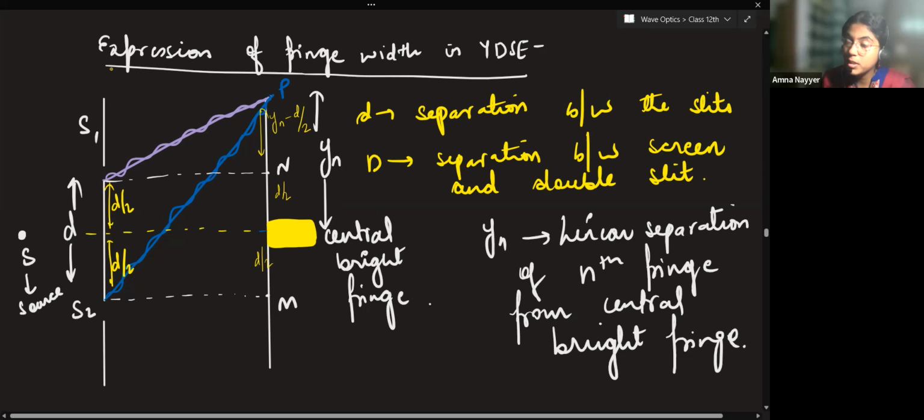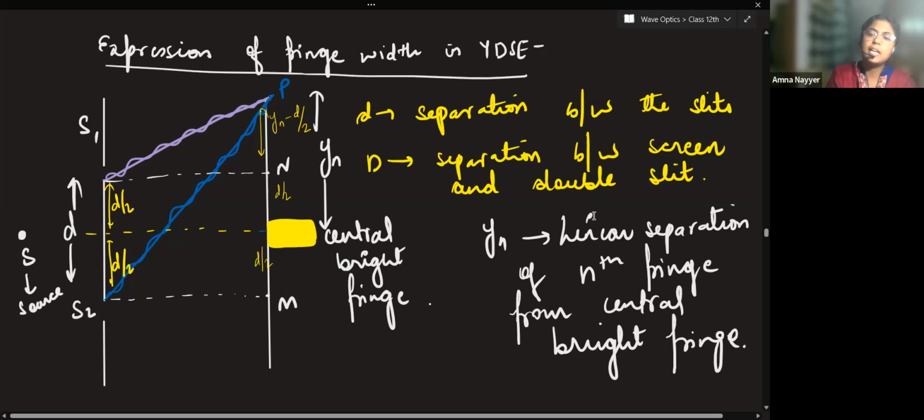Path difference was the separation between both the waves that were coming, the path that was covered by both the displacements. So if the first one is S1P and the second one is S2P, then S1P is the path of the first wave and S2P is the path of the second wave. So their difference will give me the difference in their path.